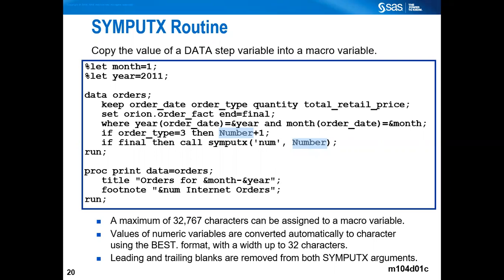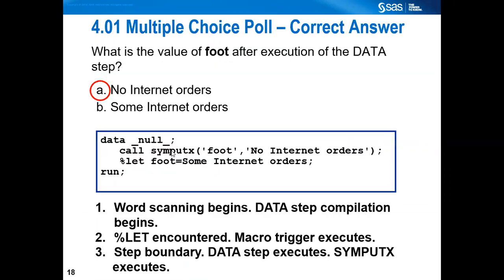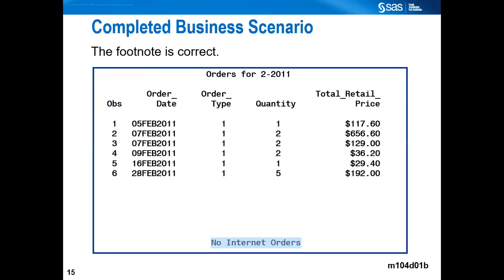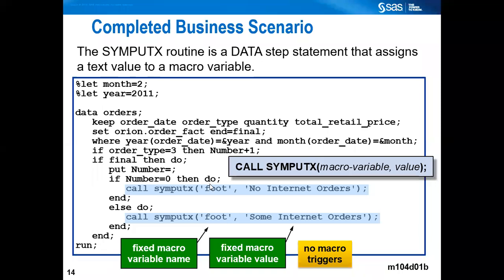I think we can write it in the same line also. No, I was just saying, if final, then normally we'll start the statement from call, no? Call symputx. No, it's not necessary. In the earlier example, you were writing then do groups because it's a group of multiple expressions on a single condition.